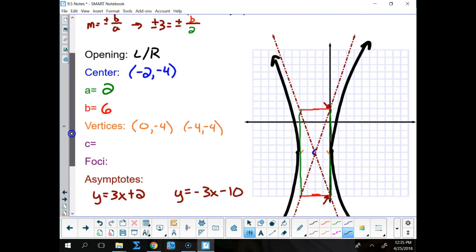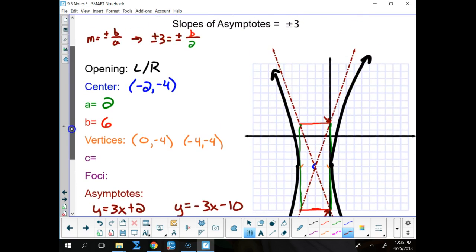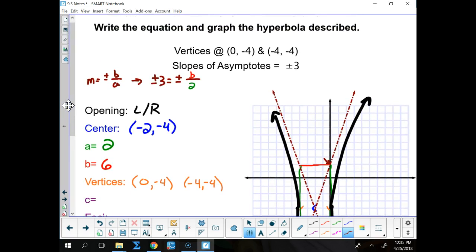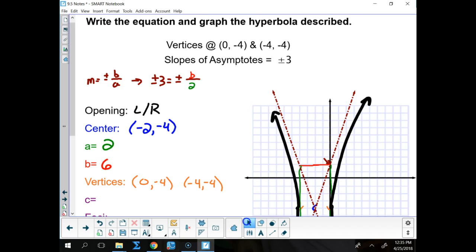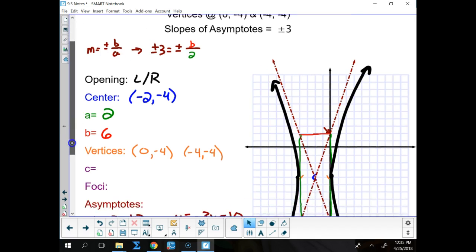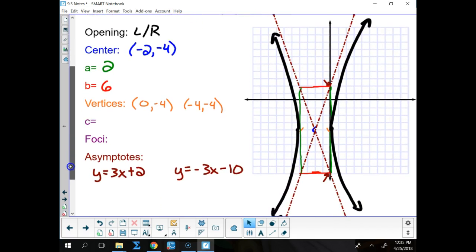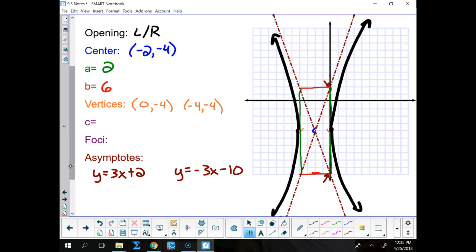Can I find C yet? I can't? From what equation? Okay. All right. So A squared is going to be 4. B squared is going to be 36.